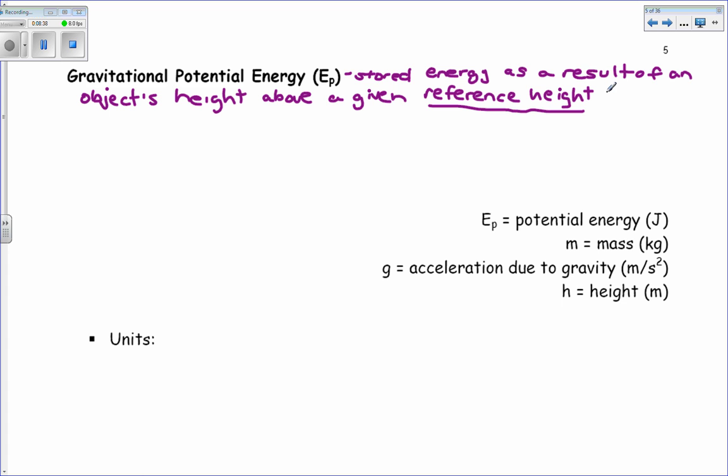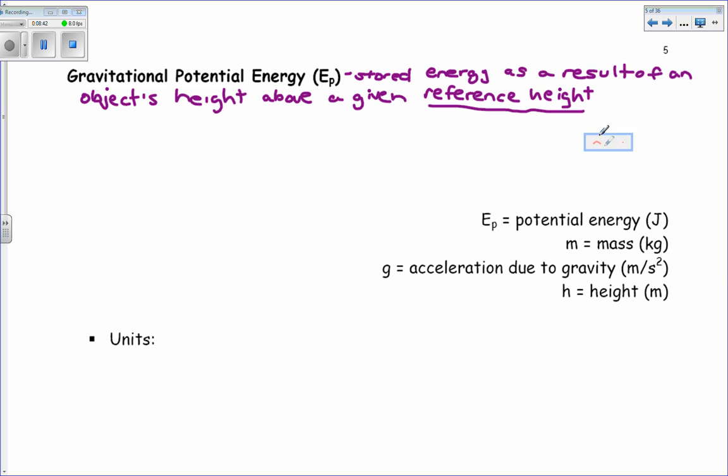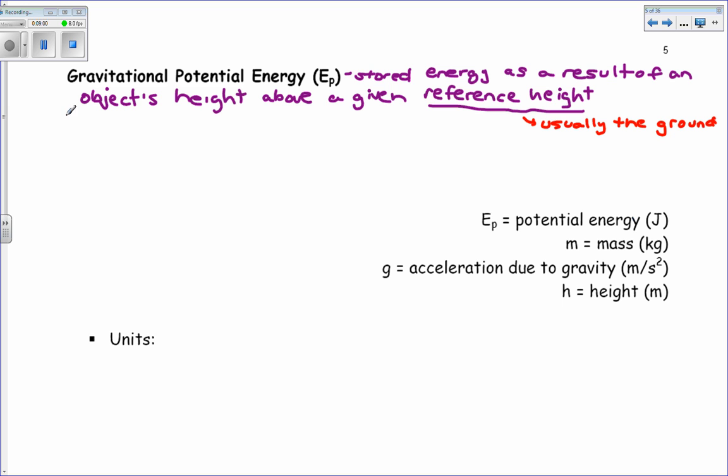Usually that reference height is the ground, but we can manipulate it to be anything. When we start talking about conservation of energy, that's when you start manipulating that reference height. Okay. So that was just my next little bit of notes here, is that you can manipulate the reference height.